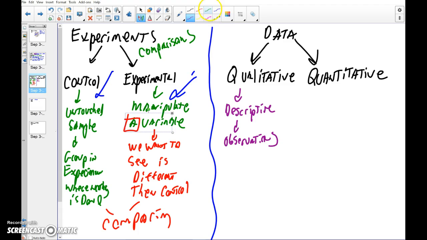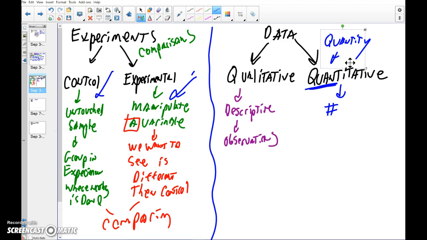But on the other side of the equation, we have quantitative data. And that means that there's numbers. So if you look right here, where it says quant, that actually comes from the word quantity. That's how I always remember that quantitative data is numbers. Sometimes it's a measurement.